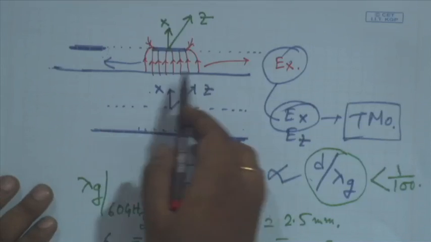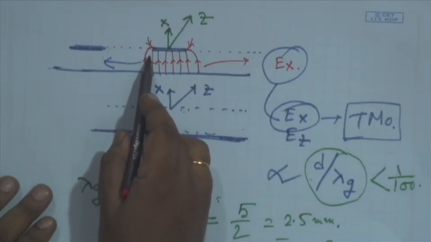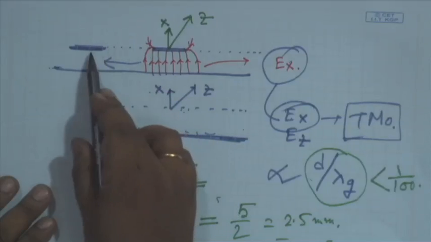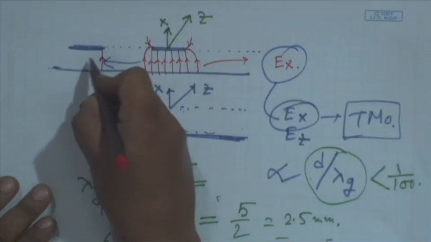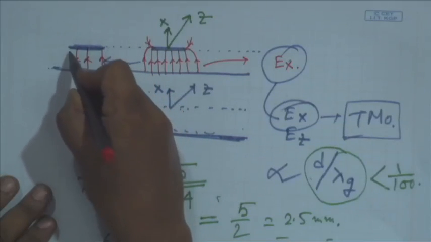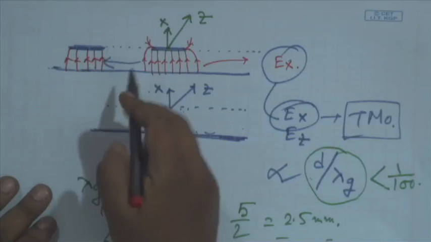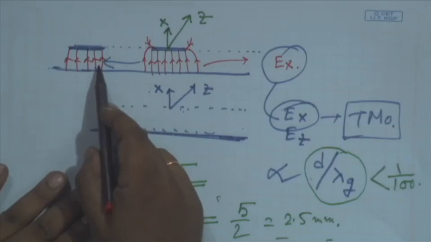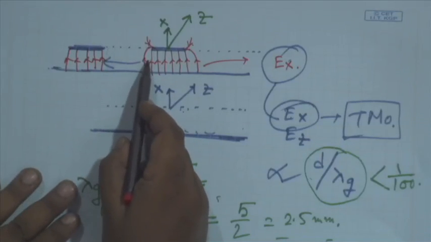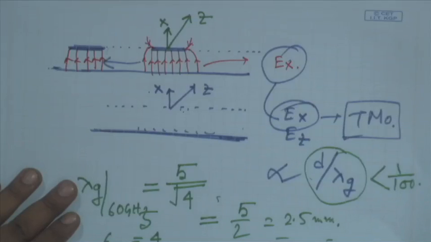Now, I want to avoid coupling between these two side by side lines, so what do we have to do? We have to make some modification which does not couple power to the surface wave mode. So, what do we do practically?